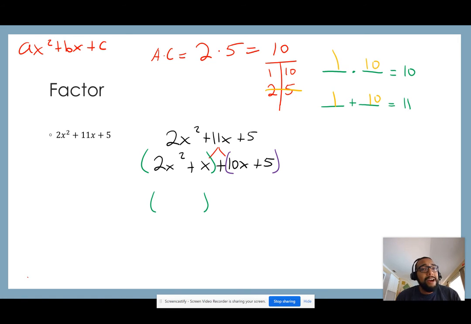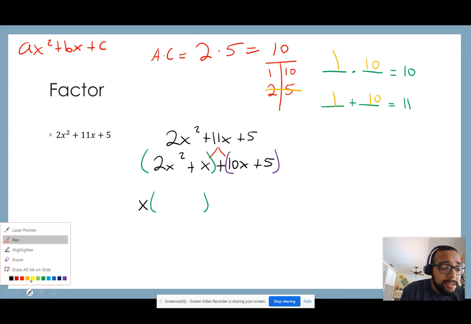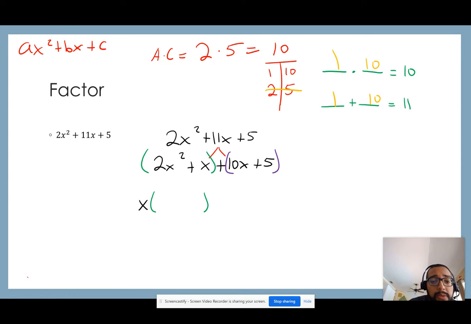But can I also take out an x? So this has an x squared and this has an x. So that means here, my greatest common factor would be x. They both have an x involved, so I can take out an x. And they don't have a biggest number I can take out, only a 1. So when I say take out, that is equivalent to dividing by that greatest common factor.